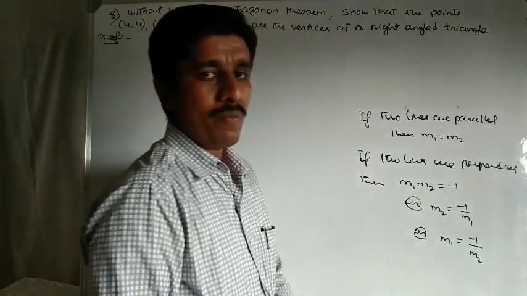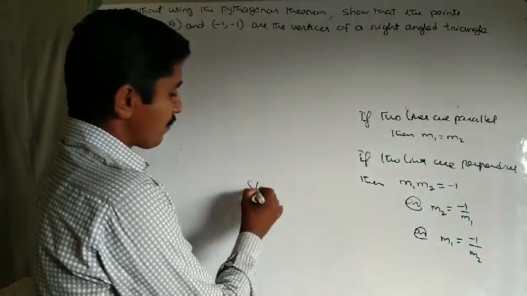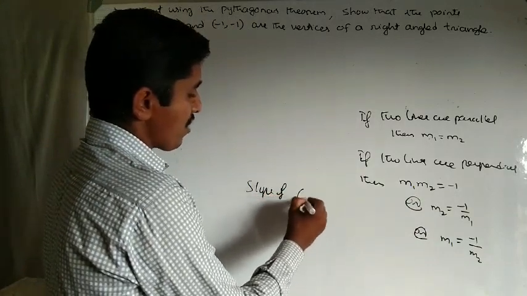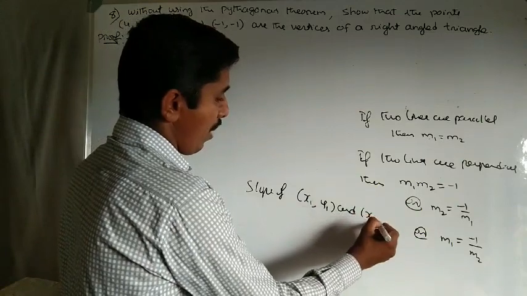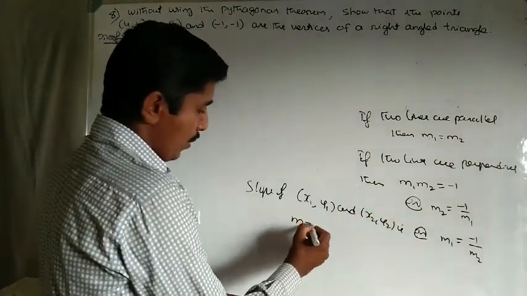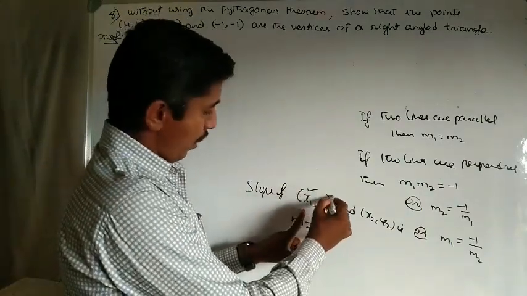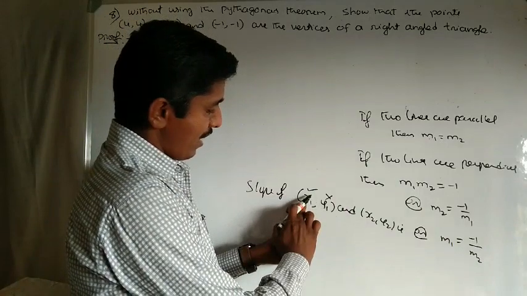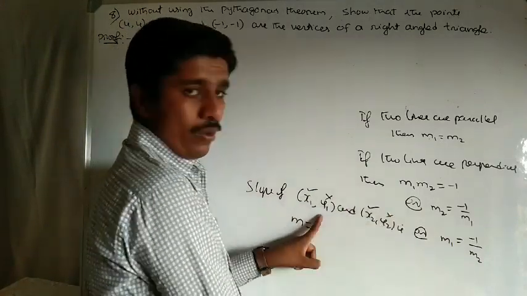Slopes are negative reciprocals of each other. The slope of the line passing through x1, y1 and x2, y2 is given by m equal to the difference of the y coordinates divided by the difference of the x coordinates. Here x1 is the x coordinate, y1 is the y coordinate; x2 is the x coordinate, y2 is the y coordinate.